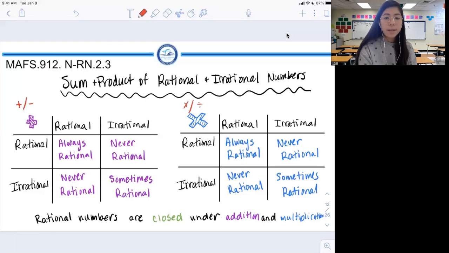It kind of depends. But when you mix them together, a rational times an irrational or a rational plus an irrational, it's never going to be rational. The pattern is the same for addition as well as multiplication, so it's not too hard to memorize.